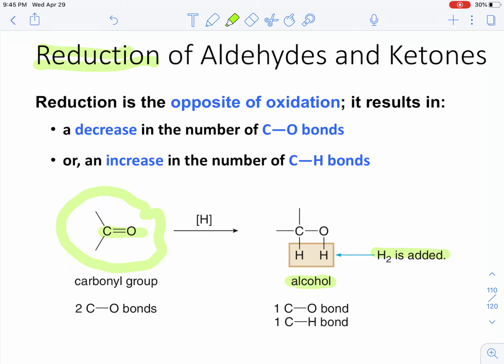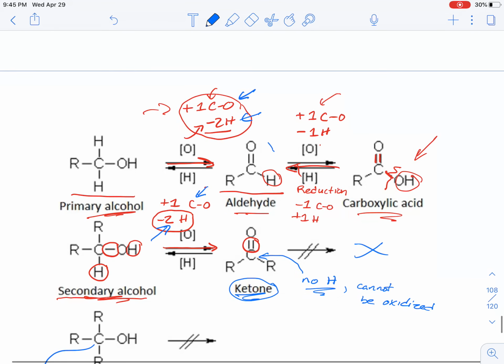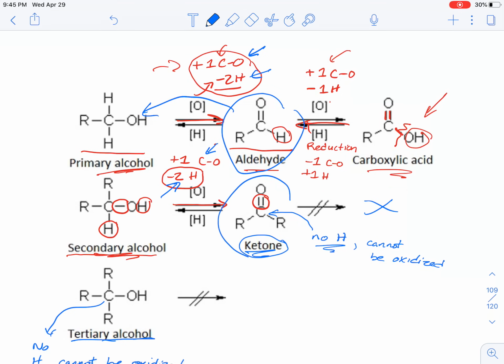And so overall, we're going to lose one carbon-oxygen bond, and we're going to gain a bond between the carbonyl carbon and that of hydrogen. So all of that was described when we're going from aldehydes back to primary alcohols or ketones back to secondary alcohols.